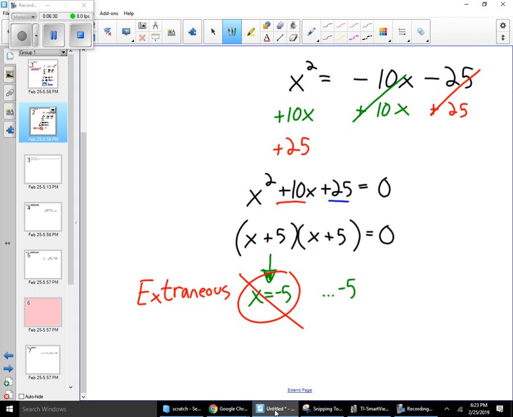Extraneous solutions happen when all of your algebra is correct. Nothing that we did here is wrong. Nothing here is broken. It's just that that -5 is not actually a solution to our original equation. If you're interested in a bit more of the theory on where extraneous solutions come from, it really has to do with the fact that we squared both sides of the equation.